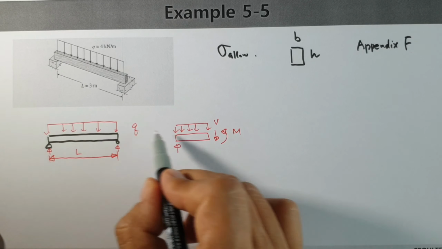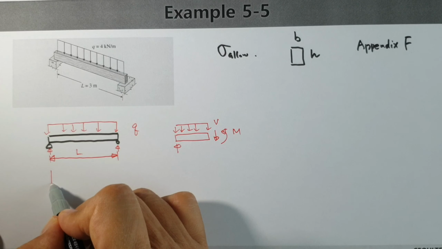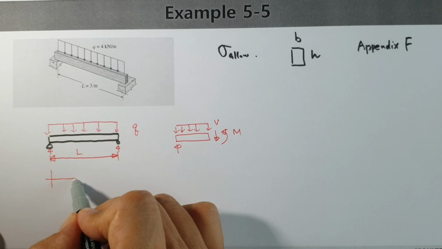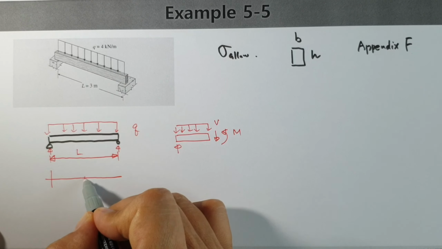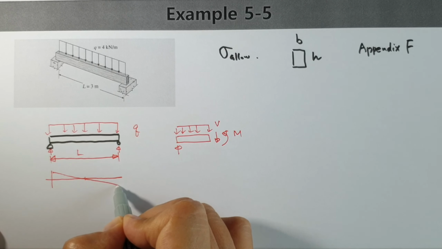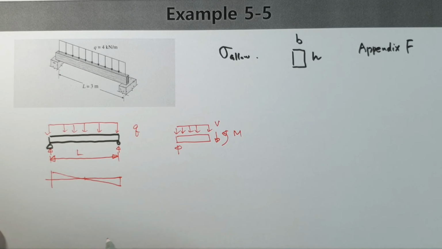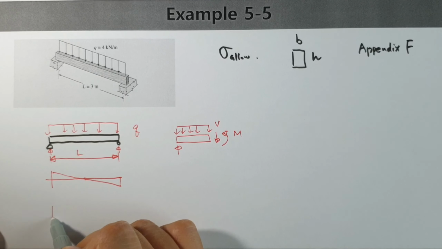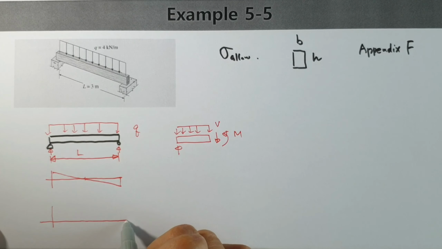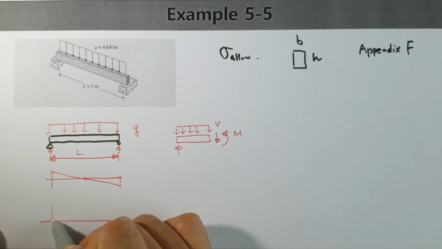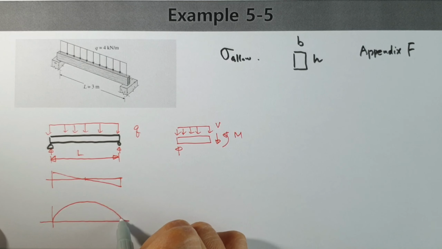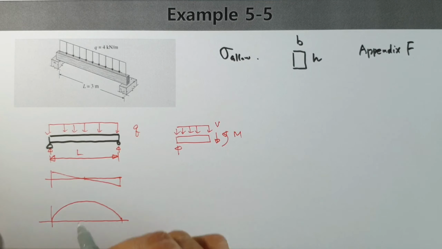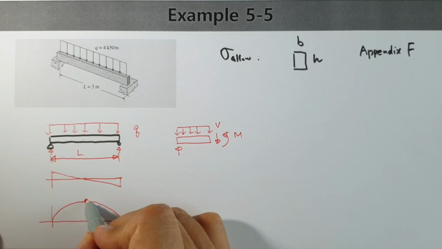And when you do that, then we can draw this shear force diagram. Maybe in the middle we have this one. The bending moment diagram is like this one. At this point, the bending moment is maximum.